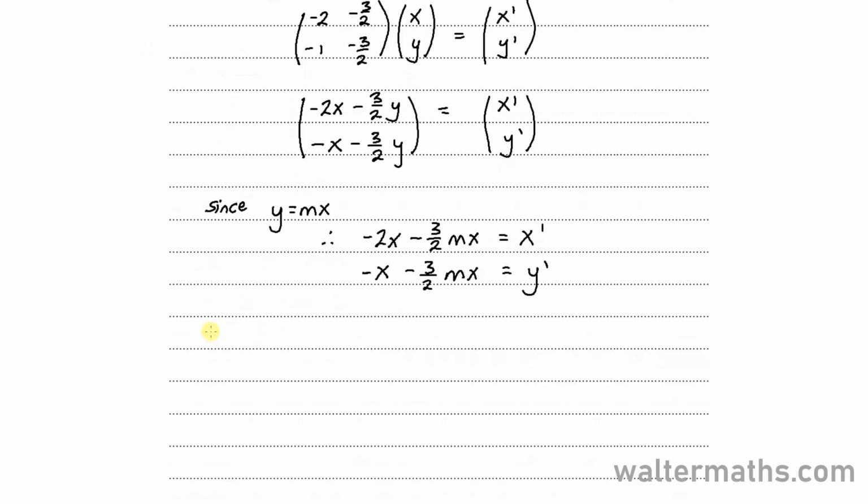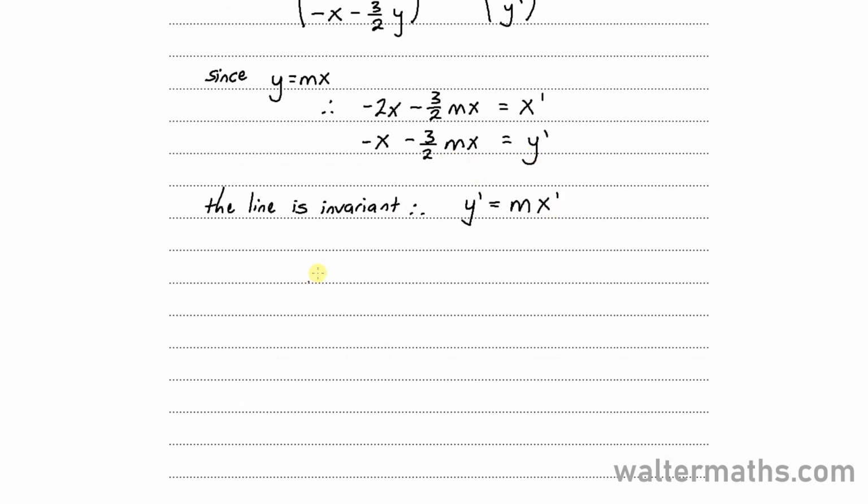Now, we know that these lines are invariant, and it therefore means that the image formed under the transformation should also take the form y' = m x'. So here, y' is -x - 3/2 of mx, and it's equal to m of x'. x' here is -2x - 3/2 of mx.